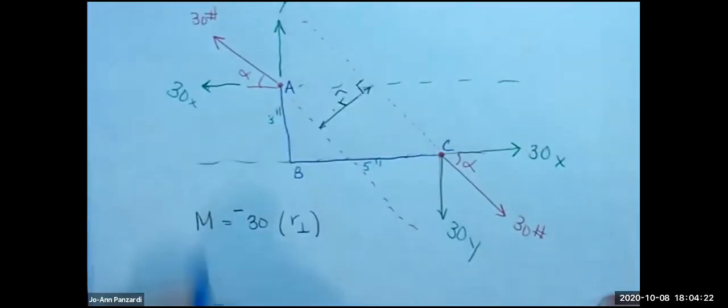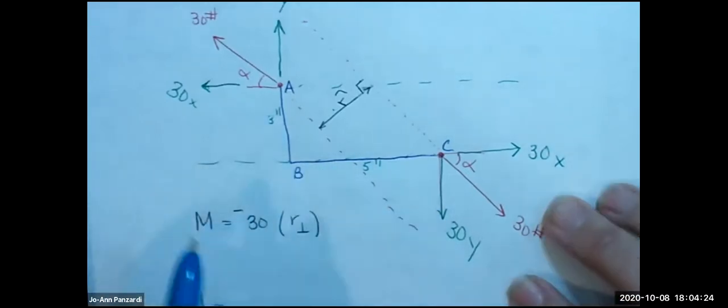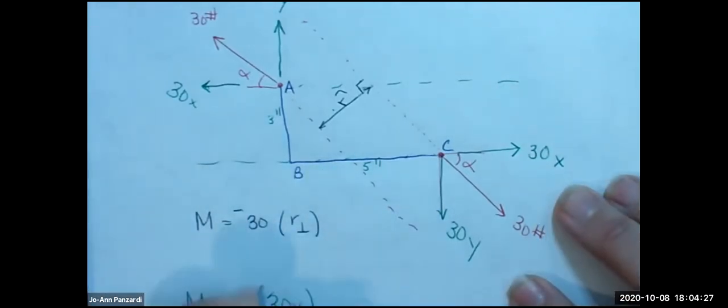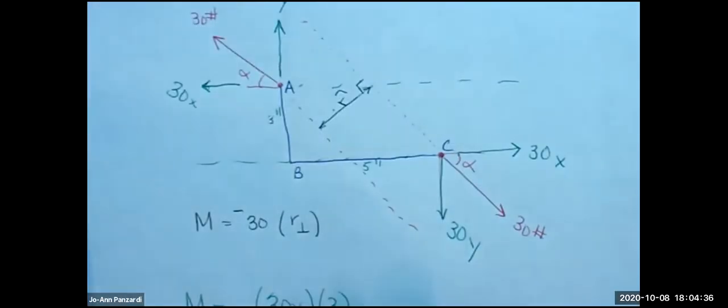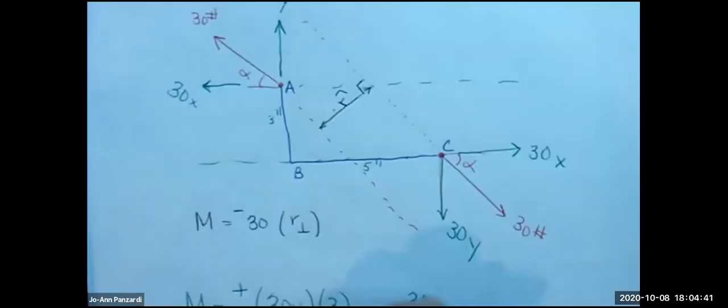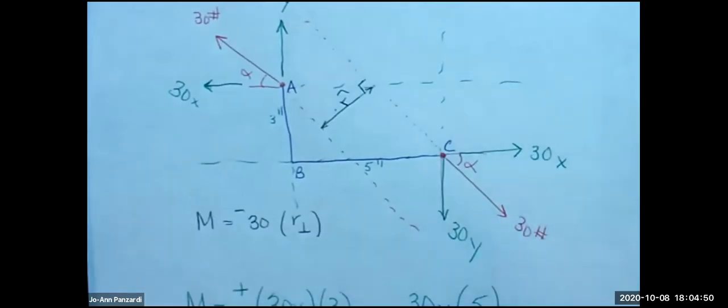So the moment is going to be equal to, there's the 30x couple, and what's its perpendicular distance? 3. Does it create a positive or a negative moment? Positive. Right. And then I have the 30y, and what's its perpendicular distance? 5. And does it create a positive or negative? Negative.